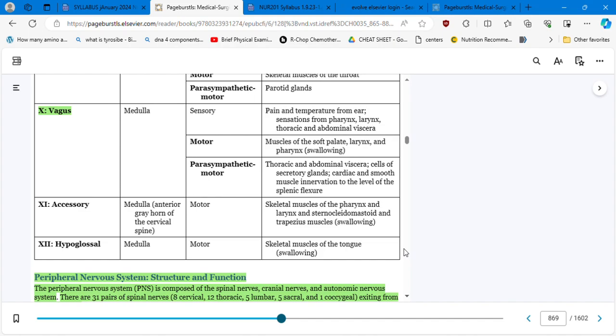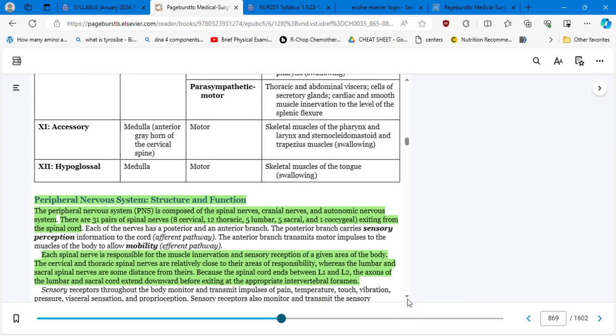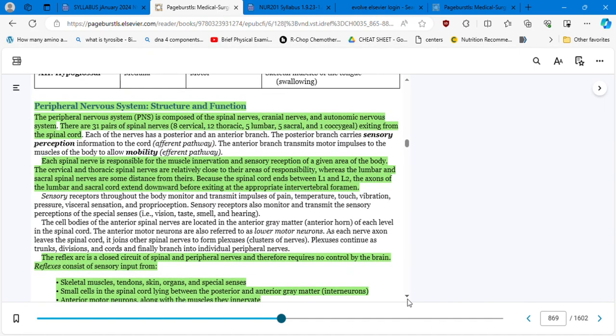Try to search on YouTube how to remember two things: how to remember the cranial nerve number, for example cranial nerve 3, and what is the function, if it's sensory or motor. So you have to learn the cranial nerves in that way, not only the number, but also the function, okay?